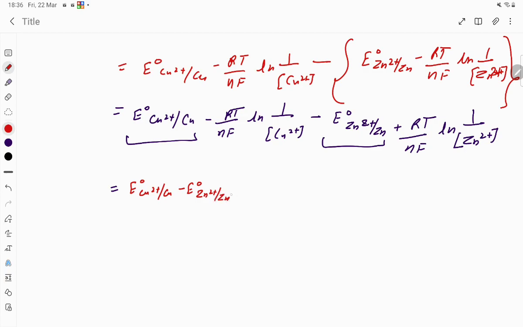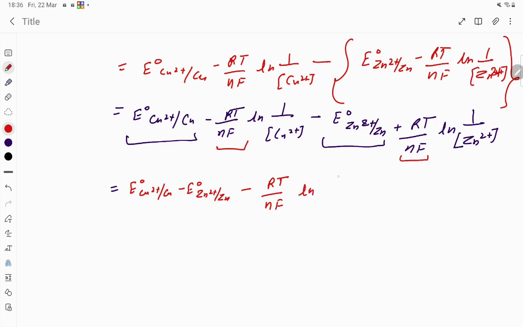This is the one term. Minus, we are taking the common: in this term and this term, minus RT upon nF is common.